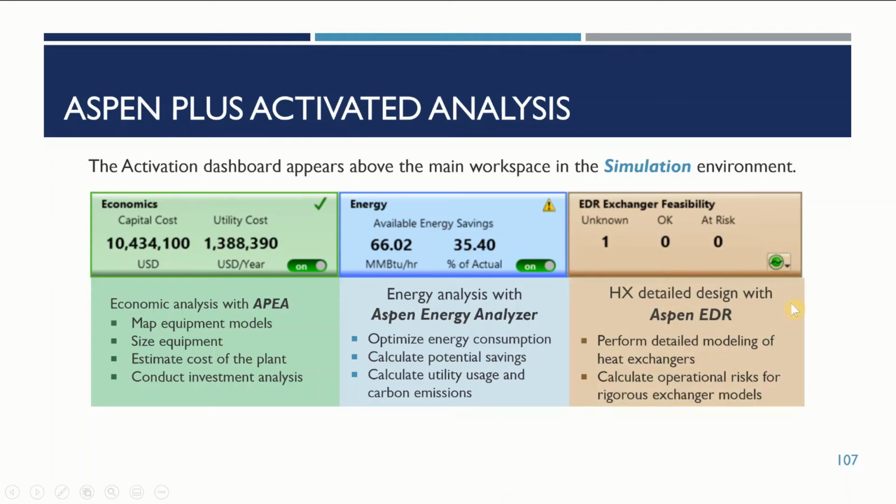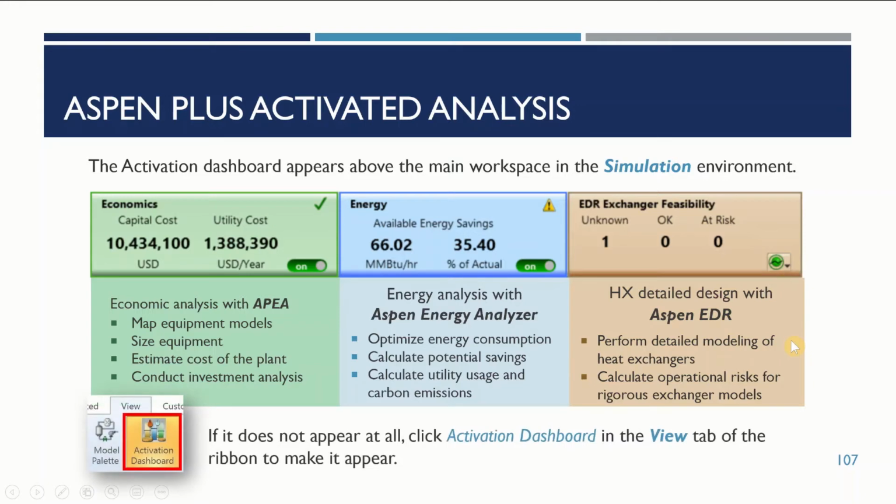The brown panel is the ASPEN EDR, where you can perform the detailed modeling of heat exchangers and calculate the operational risk for a rigorous exchanger model. If the dashboard does not appear, click Activation Dashboard in the View tab of the ribbon. In this session, I will introduce how to perform the energy and economic analysis within the ASPEN Plus process simulators.